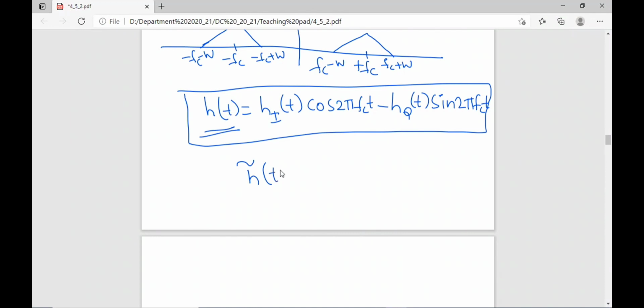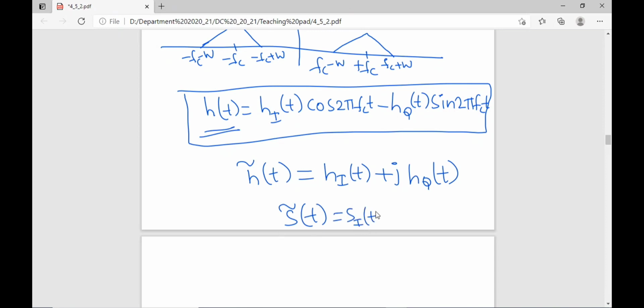H tilde of t is a complex envelope, which we can write in terms of Hi of t plus j Hq of t. If you turn back your pages, S of t is a bandpass signal, then S tilde of t can be represented as Si of t plus j Sq of t.